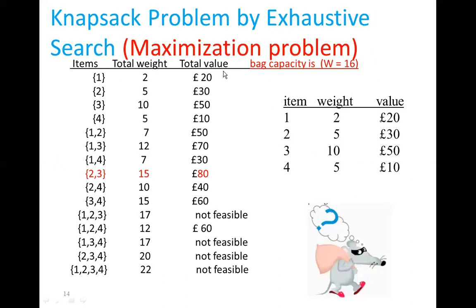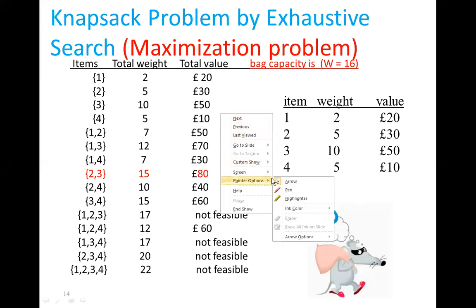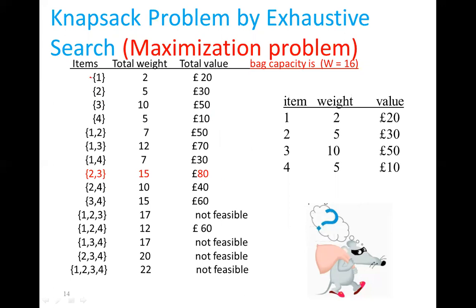So how can we solve the knapsack problem based on exhaustive search? First of all, we can put just one item in the thief's bag, or we can put 2 items together in his bag, or we can put 3 items together in his bag.